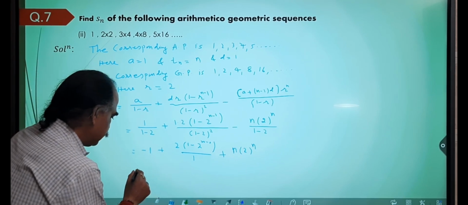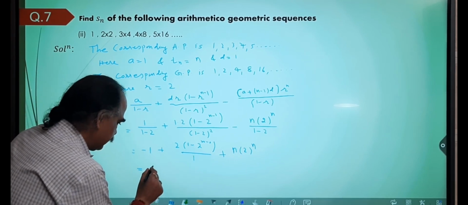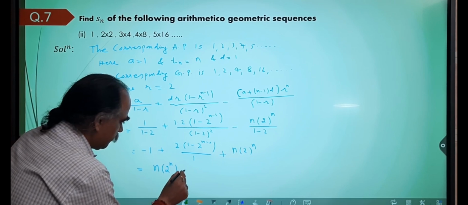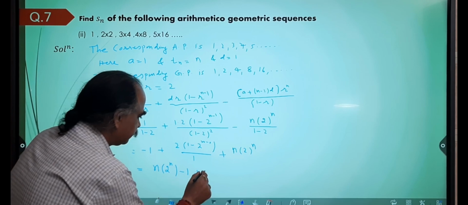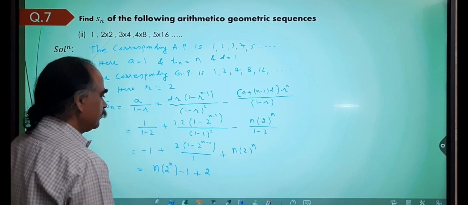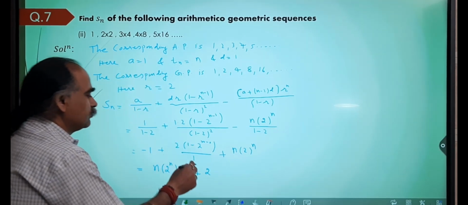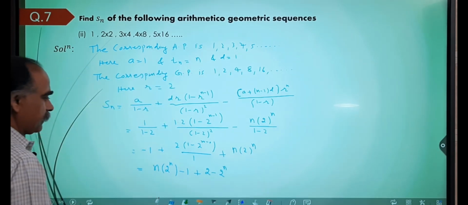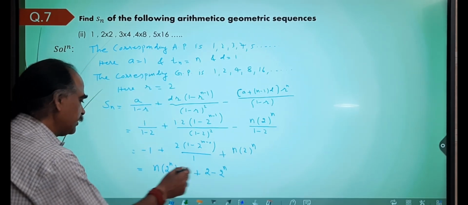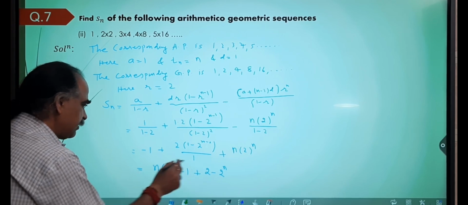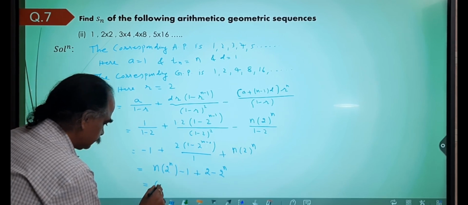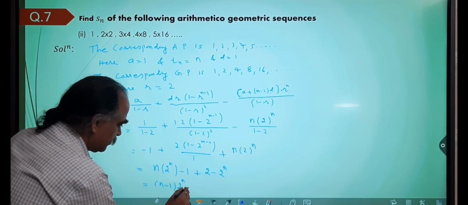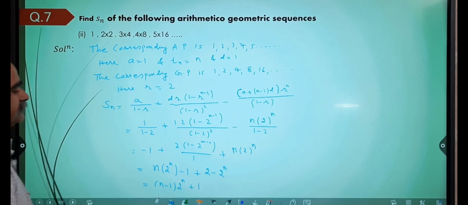So this is nothing but n into 2 raised to n minus 1 plus 2 into, or you can multiply 2. So 2 minus 2 raised to n. 2 minus 1 is 1, and 2 raised to n common. So n minus 1 into 2 raised to n plus 1 is the answer.